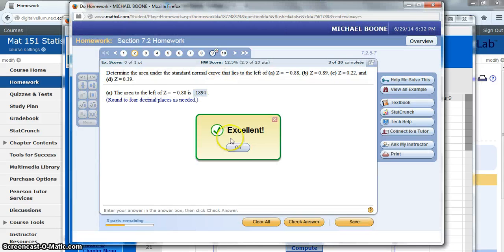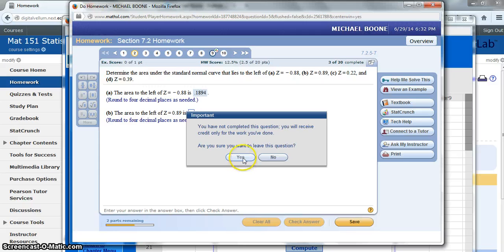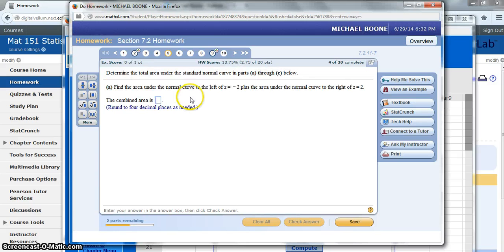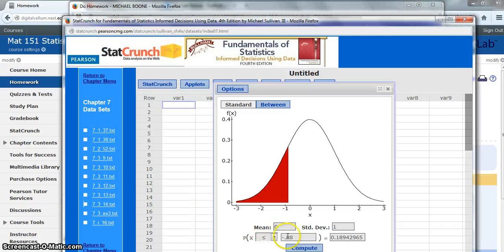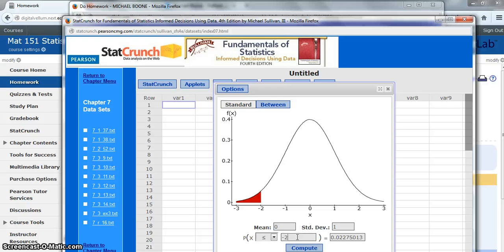If we look at some of the other questions, like in 5, it says determine the total area in the standard normal curve in parts A through C. A is saying the combined area to the left of negative 2 and above 2. Looking at my picture, I could say less than negative 2 and I get a value.